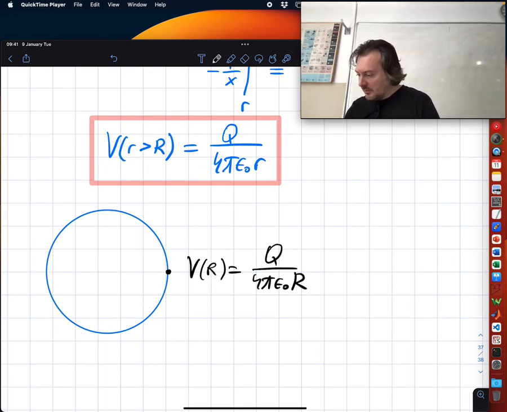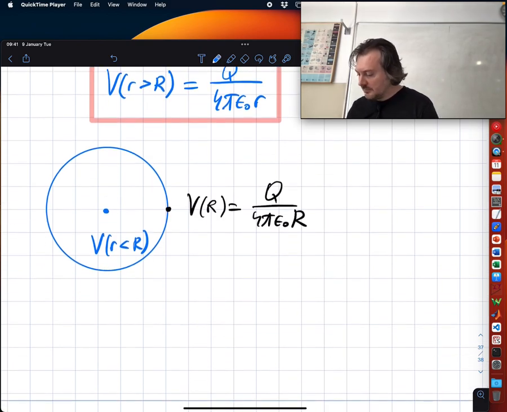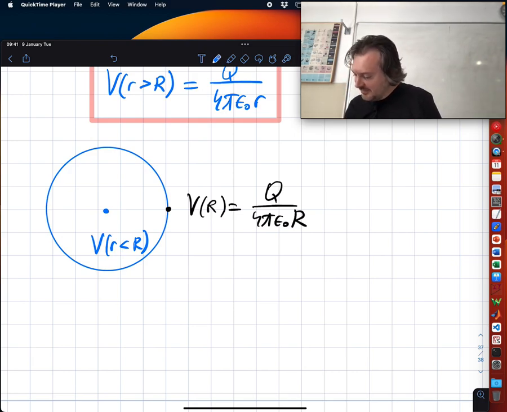Yes? Now, what is the potential inside? This one you also find using integration. Okay? Inside, what is the electric field? Zero, reflex, very good. So electric field inside is 0.